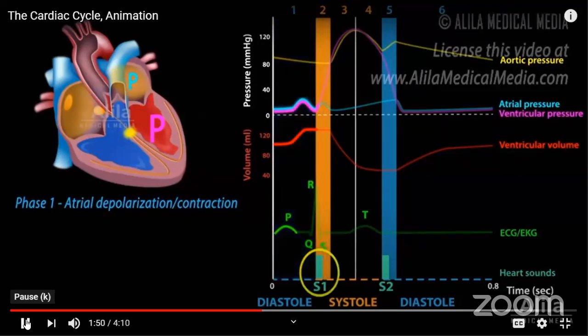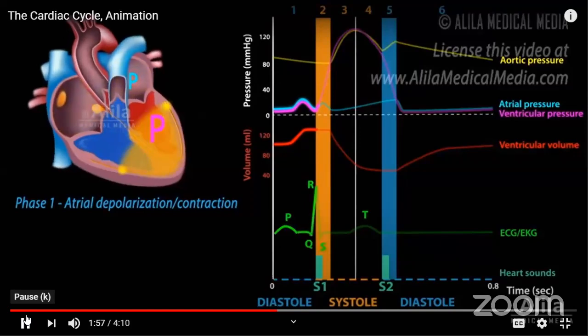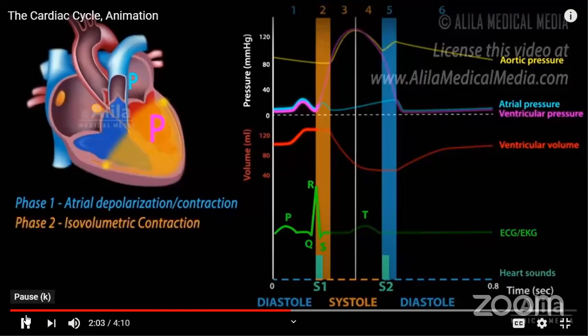At this point, ventricular depolarization, represented by the QRS complex, is halfway through and the ventricles start to contract, rapidly building up pressures inside the ventricles. For a moment, however, the semilunar valves remain closed and the ventricles contract within a closed space.